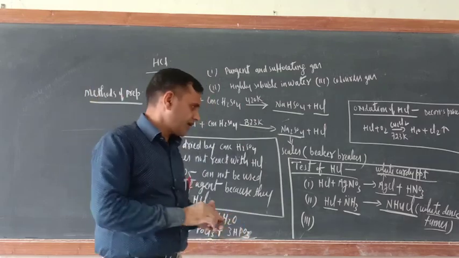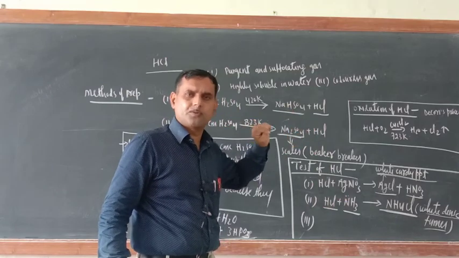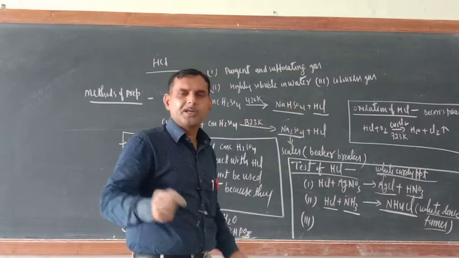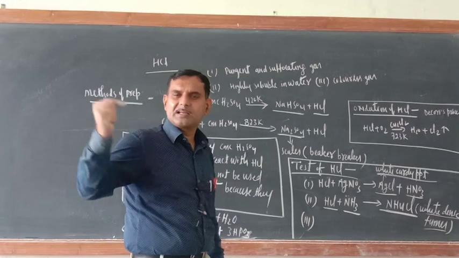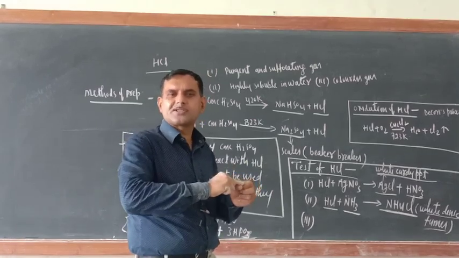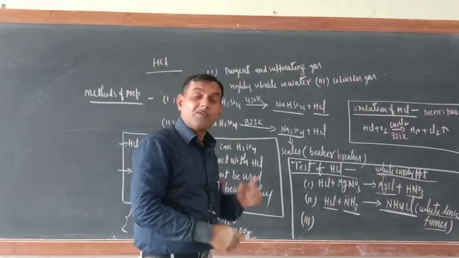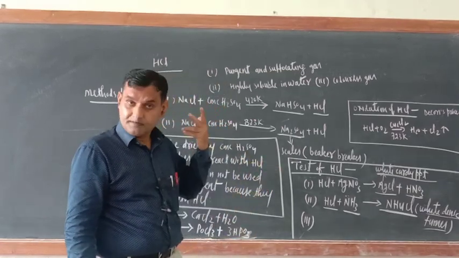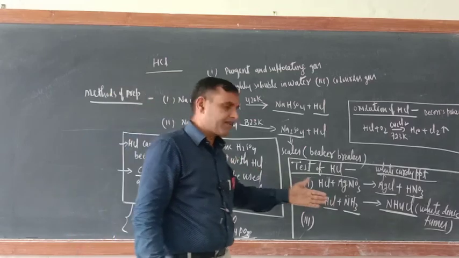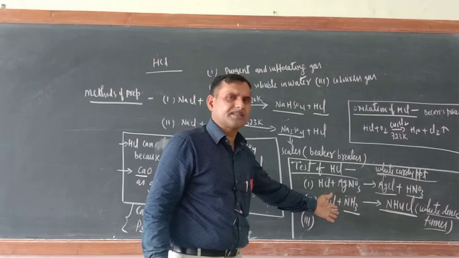In the laboratory, whenever you are testing the ammonium ion, NH4 positive ion, zero group ion, what are you doing? You take one glass rod, dip it in the HCl and bring it to the mouth of the test tube. Then white dense fume is formed, and the presence of white dense fume confirms the ammonium ion, NH4 positive ion. Ammonium ion means ammonia only.